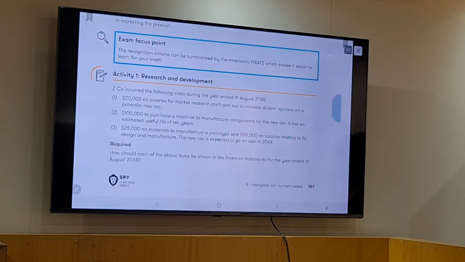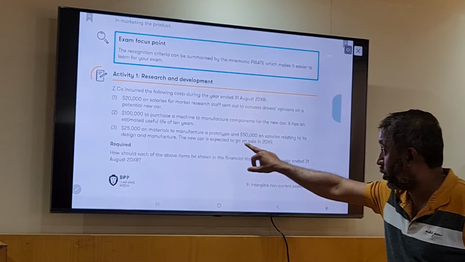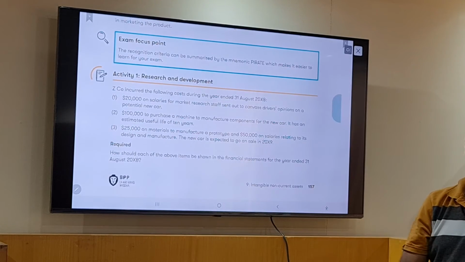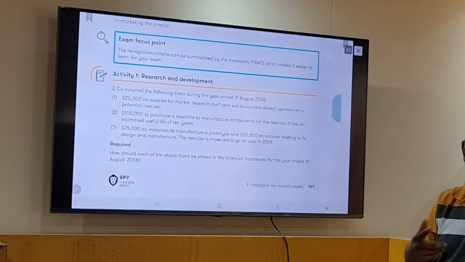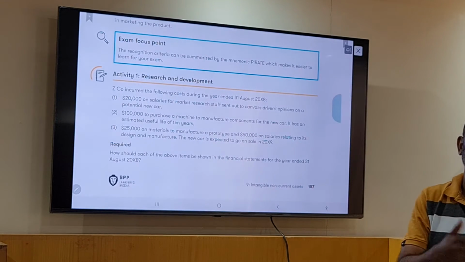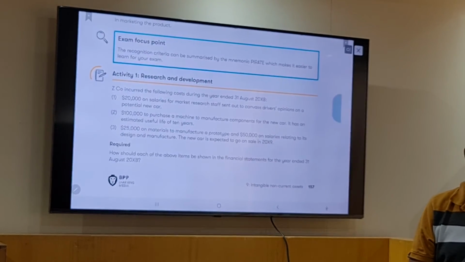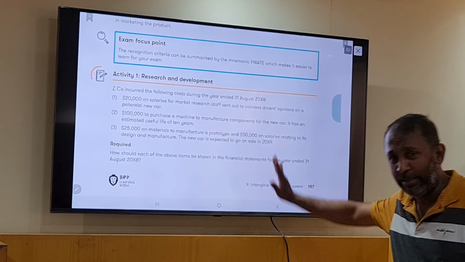So this will meet one of the 5 conditions. What is the one of the 5 conditions they are talking about? The new car is expected to go on sale in 2019. That means there is market feasibility. They are not talking about other conditions, so you should assume those conditions are met. Therefore, this is development expenditure meeting all the conditions.